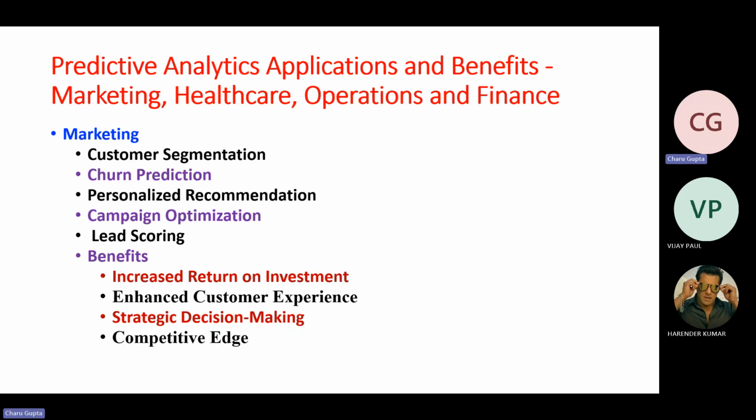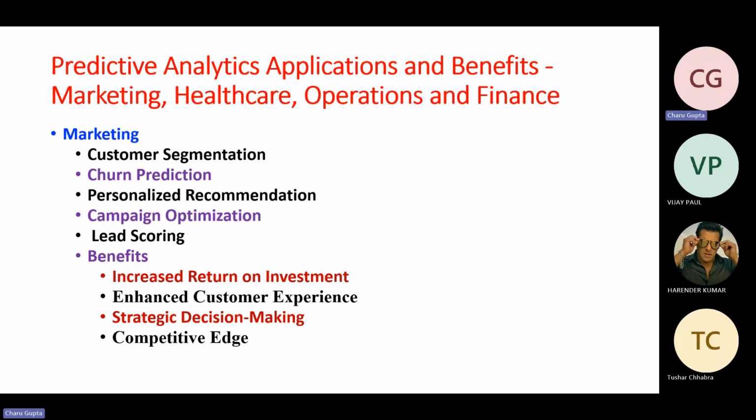Now, what are the benefits? We are putting in so much effort in collecting data and applying models. The first important benefit is an increased return on investment. We should have an enhanced customer experience, and it helps in decision making, right?